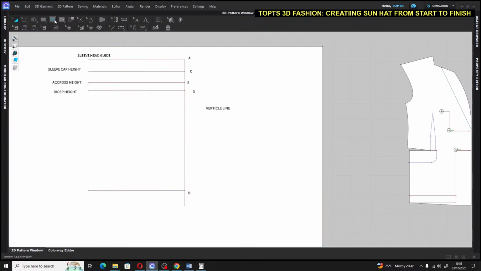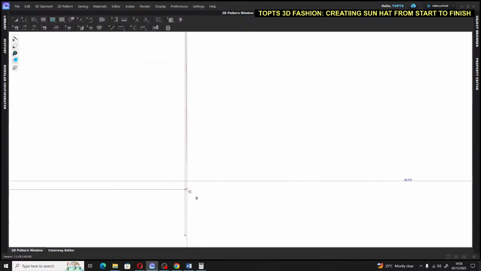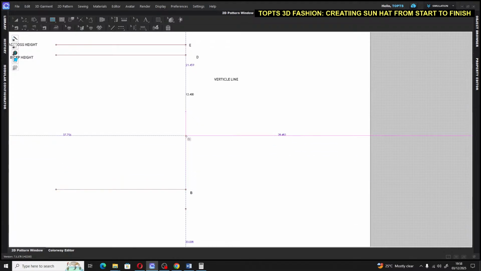So let us see what is the distance between D up to B. Let us put it aside here, so we square it independently. It's 20 inches. So when we get 20 inches, we divide it by 2.